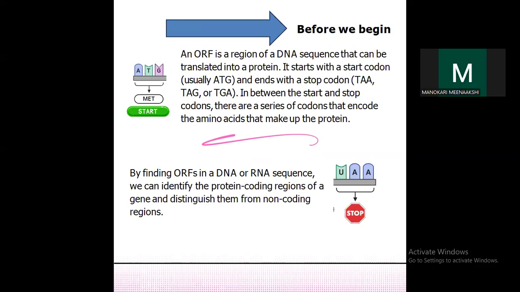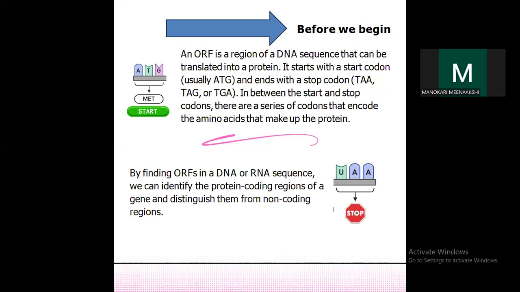As we begin, first we have to know what an ORF is. ORF is an open reading frame, a region of a particular DNA sequence that can be translated into protein. So it is like a start codon and a stop codon.